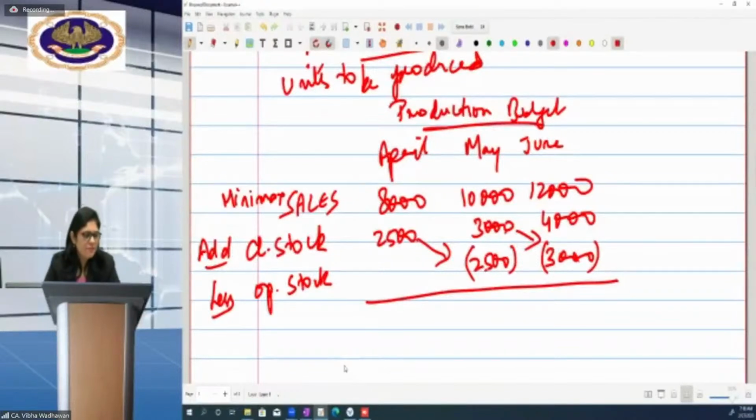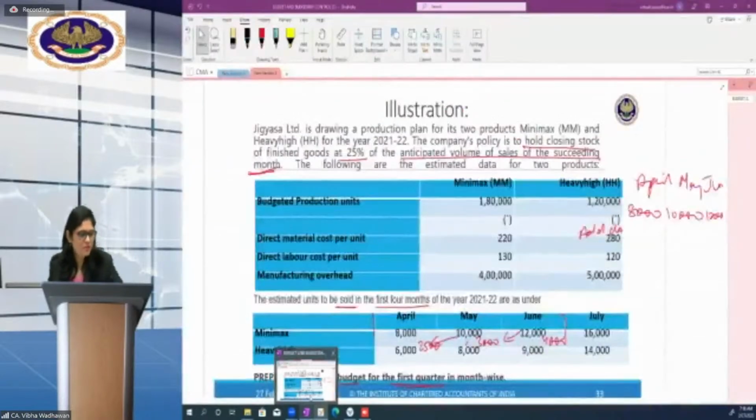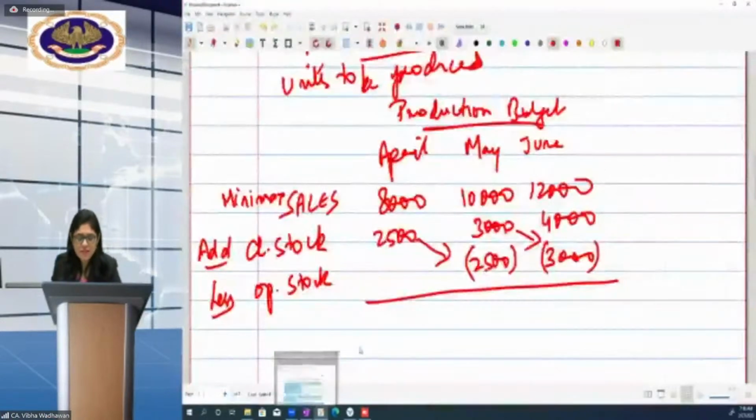Let me see if anybody can answer this. Opening stock of April. Just try the opening stock of April. 25% of March sales. March is not there. We don't have the March sales.